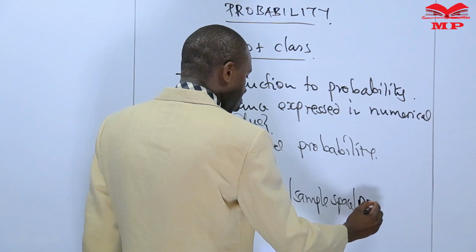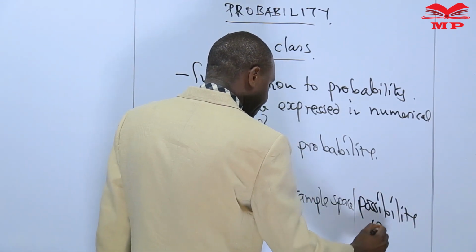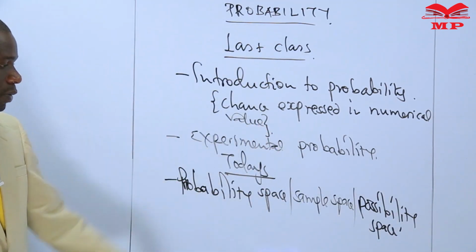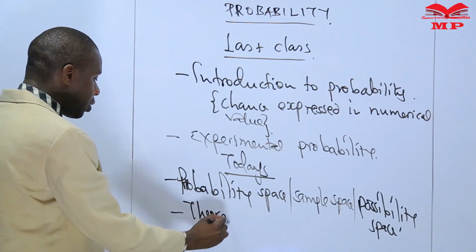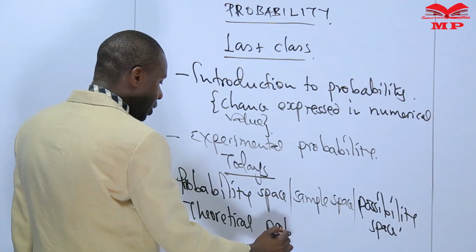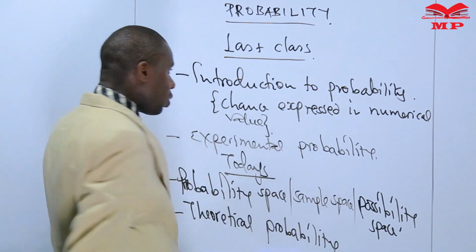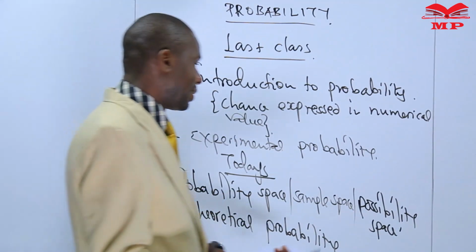So apart from probability space, we are also going to look at what we call theoretical probability. So I want us to start straight away with what we call probability space.